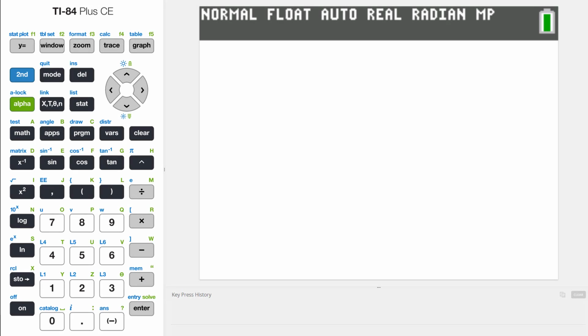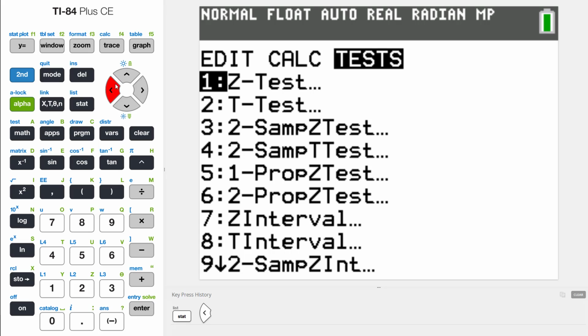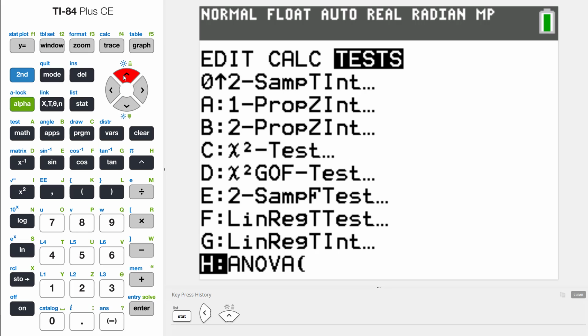It turns out that the various models of TI calculators have a built-in test which can be used for this if you know how to put the data in. The test I'm referring to is on the TI-83 as well as the TI-84. If you go to the Stat menu and to the Test submenu and then go up, it is letter C on this menu, the chi-squared test.